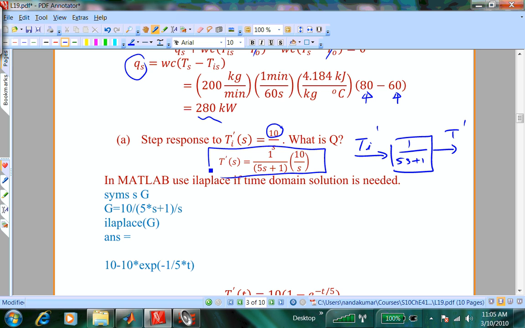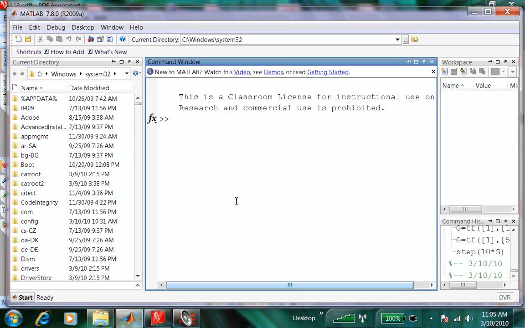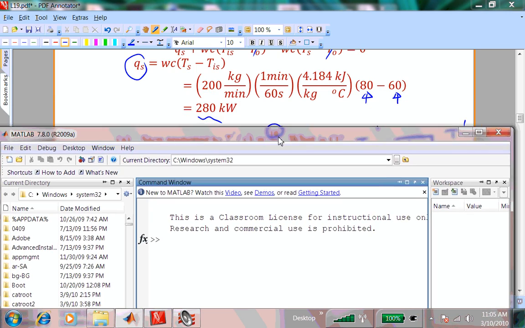And then you need to be able to invert that, get the response in the time domain. There are many ways of doing it: Simulink, MATLAB, or by hand. So let me open up the MATLAB session. I probably need to switch between these two windows.